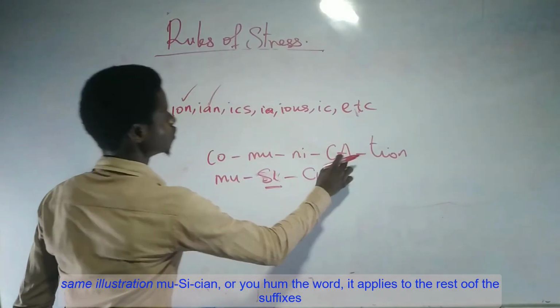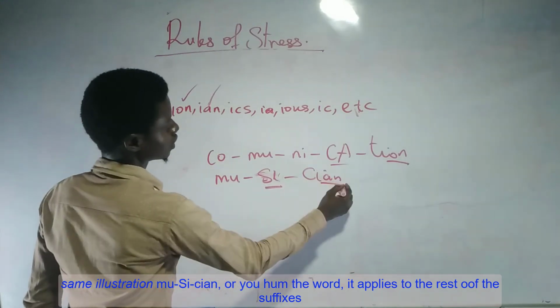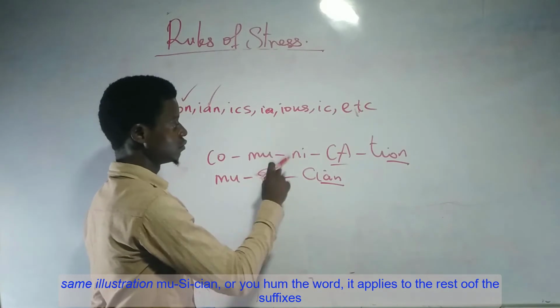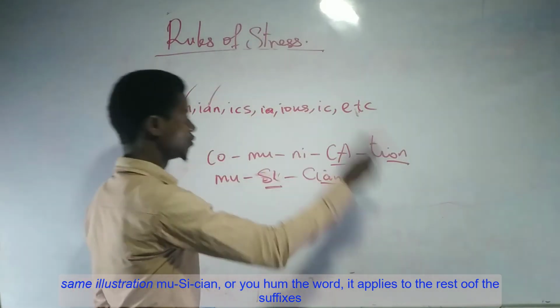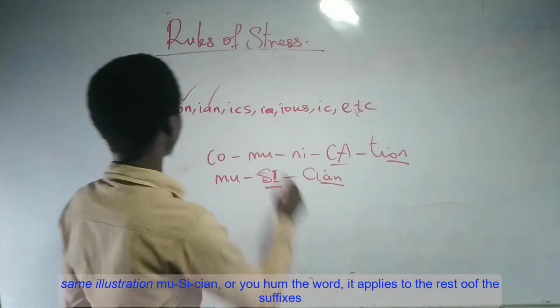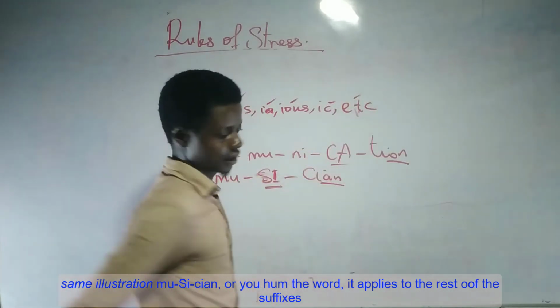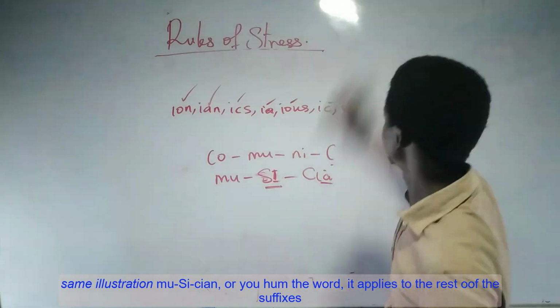You can't stress it here because of this. This one you stress it here, or stress it there. Stress it here as well. The same thing applies to this, and this. So we have another one.